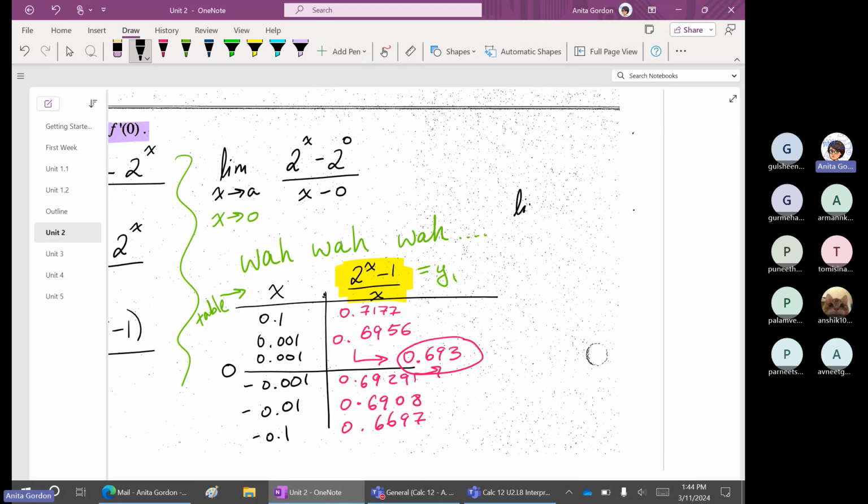So we are saying that the limit as x approaches a, 2 to the x minus 1 over x, or x approaches 0, sorry. My point of interest is 0, is going to be about 0.693.